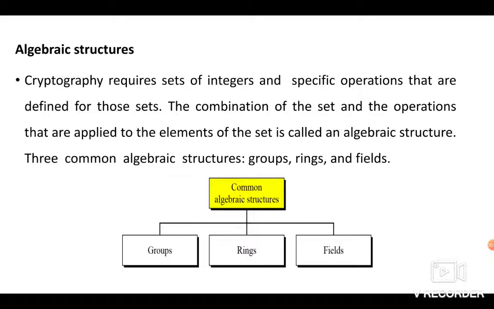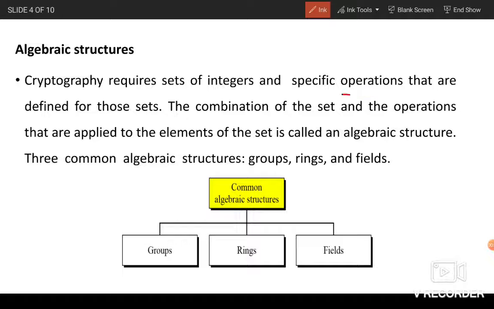So what is algebraic structure? Usually cryptography requires the set of integers and the set of specific operations that are defined for those sets. The combination of the set and the operation that are applied to the elements of the set, both are known as algebraic structure.